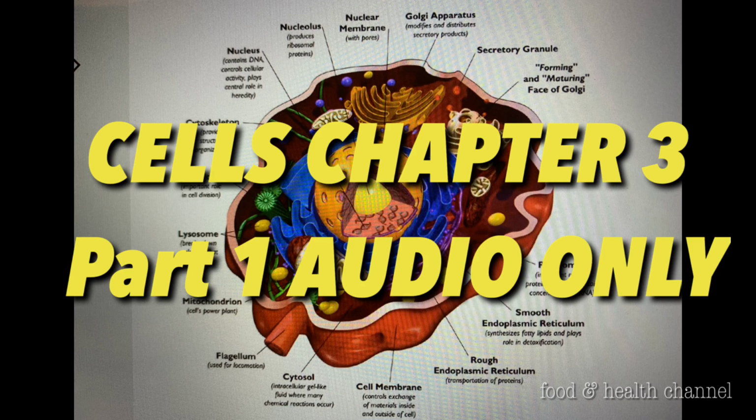The more metabolically active the cell, the greater the number of mitochondria. The liver, for example, is very active and therefore has many mitochondria per cell. Bone cells are less active metabolically and have fewer mitochondria.